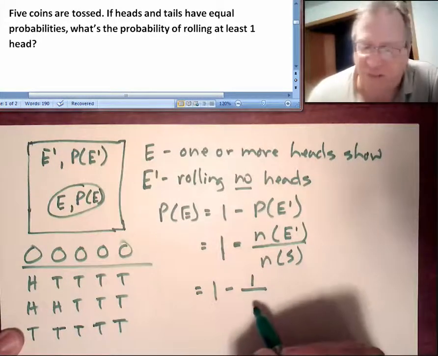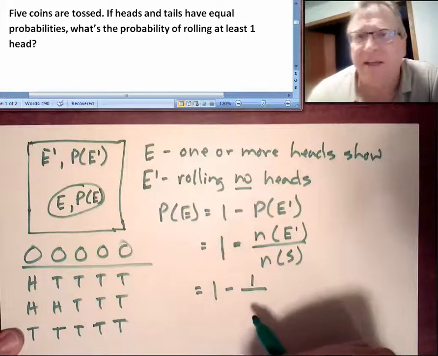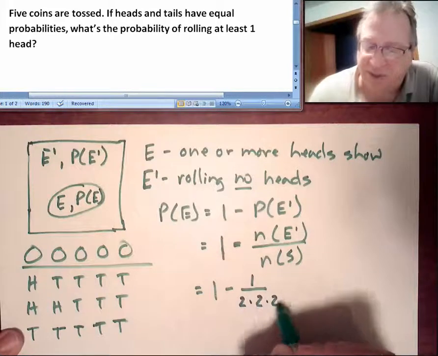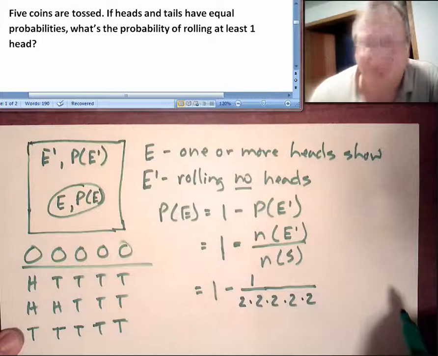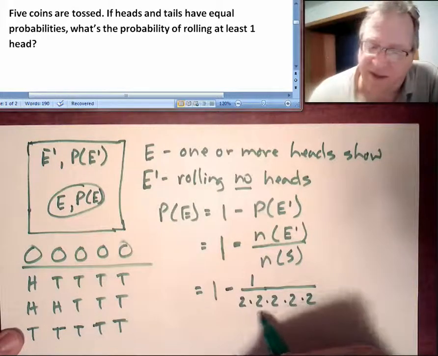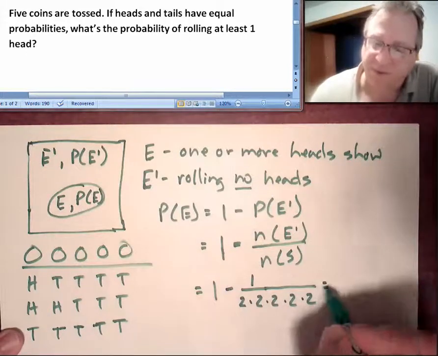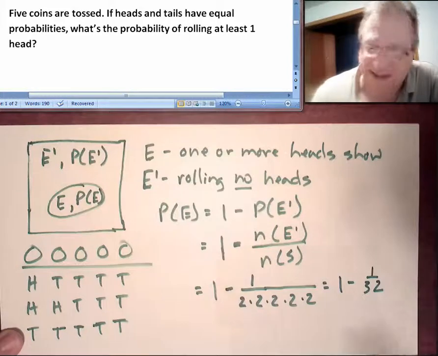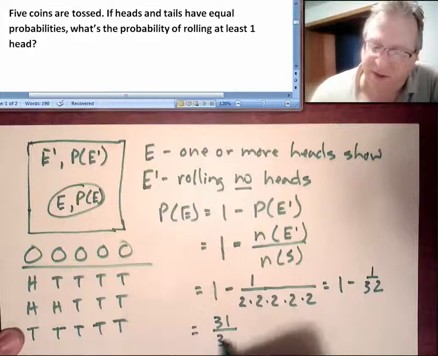And as you recall from our combinations permutations chapter, if there's 2 possibilities and we roll it 5 times, then there's 2 times 2 times 2 times 2 times 2 ways that those coins can roll. And that gives 2 times 2 is 4, 8, 16, 32. We have 1 minus 1/32. And so our answer is 31/32.